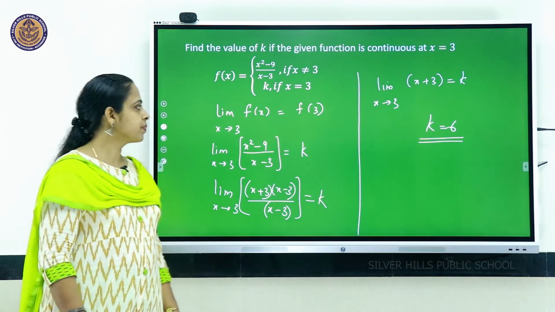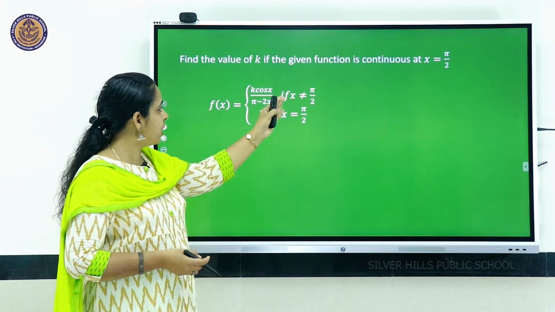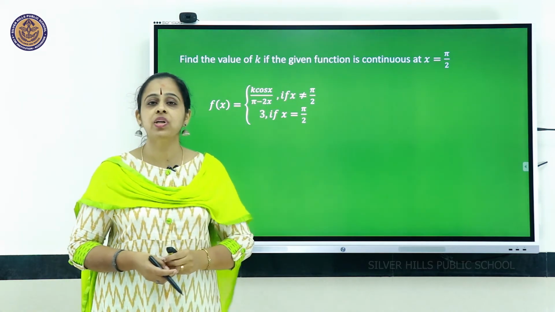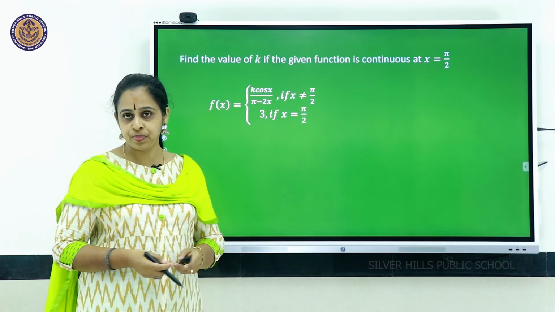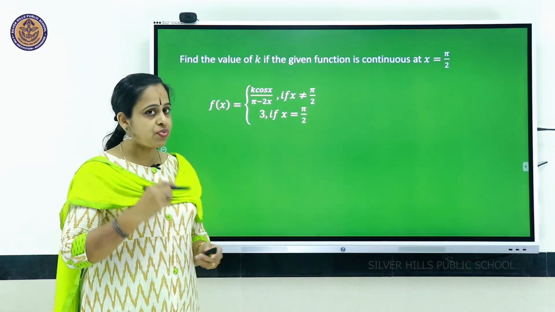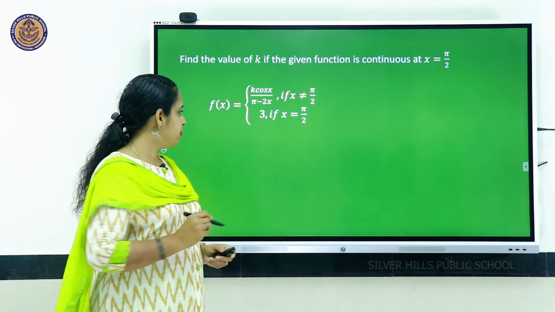Correct? The same type, again a question. Find the value of k when the given function is continuous at x equal to pi by 2. Correct? Now let us find the value. What will be the value of k?